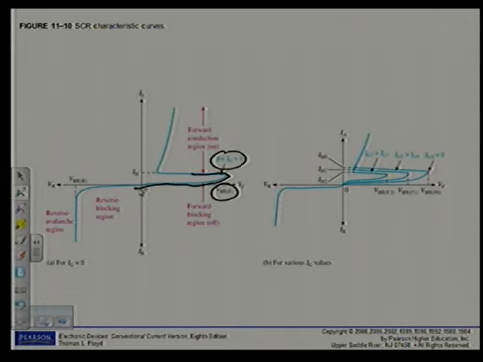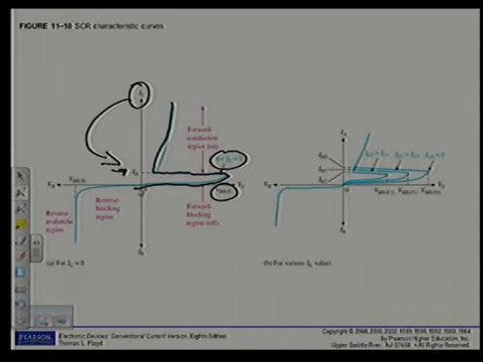You can see here there's no gate voltage. And this device remains on as long as the forward current or the anode current remains larger than the holding current. Alright, so it can operate the same, but it's not designed that way.